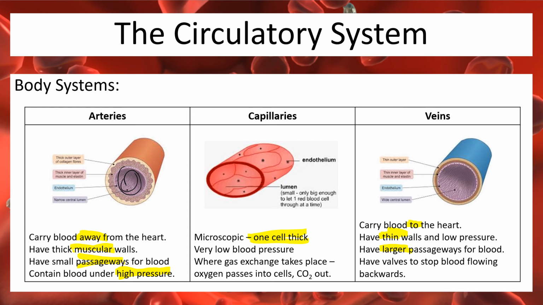They are just allowing blood to pass through and absorb what it needs to absorb and get rid of what it needs to get rid of. And this is where gas exchange takes place. That's a phrase you should have heard when looking at the respiratory system. So here oxygen goes into the cells and carbon dioxide comes out, which is the opposite to what you see in the alveoli in the lungs.